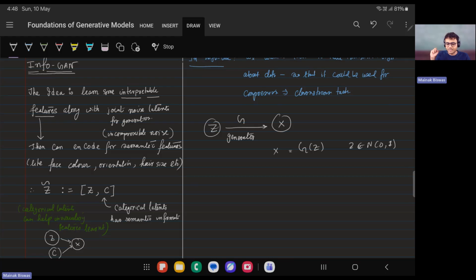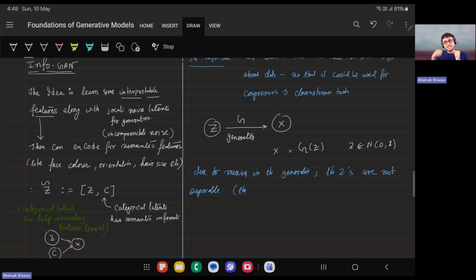But what happens is, due to the mixing in the generator, the z's are not separable.